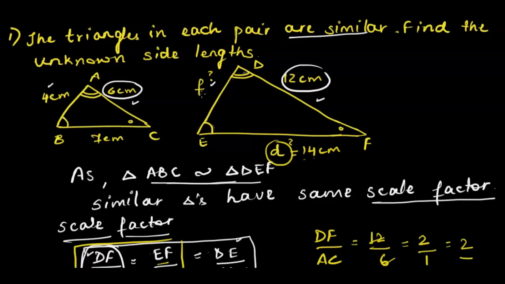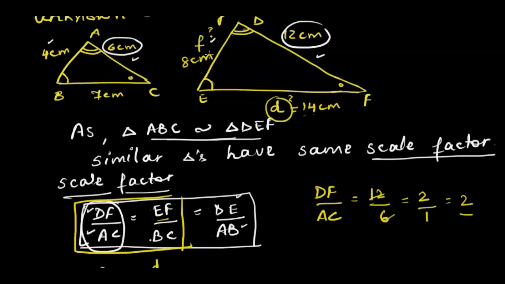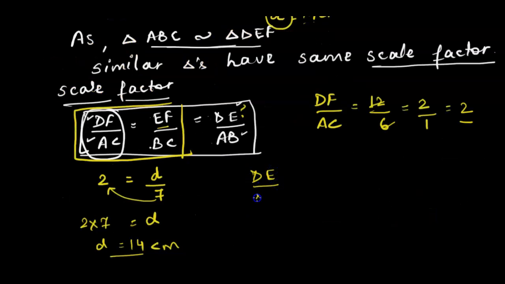Similarly, in order to write down the answer for lowercase f side length, we know this is going to be double there, so that would be equal to 8 centimeters. But how do we show the work for this one as well? Because in this case, we are looking for DE, so we just have to write down DE over AB equal to the scale factor.